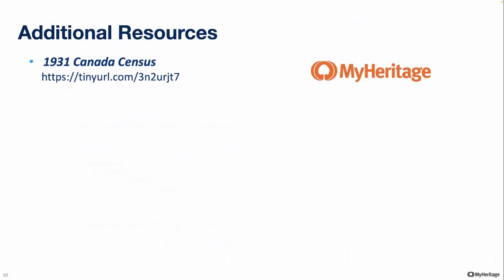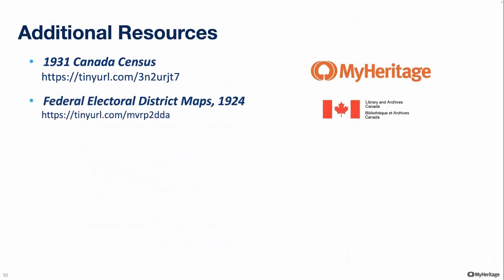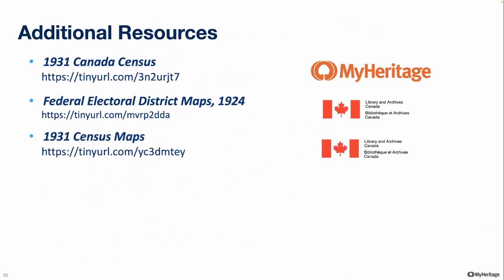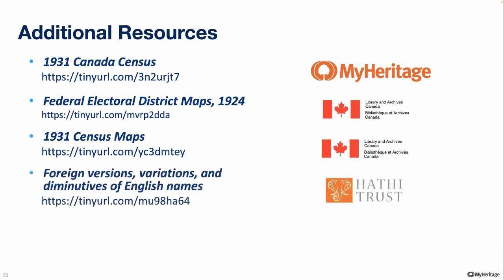Here are the resources that I mentioned along the way. Of course, the Canada Census on MyHeritage, the federal electoral district maps, which I didn't get time to show you, but they're very similar, almost identical to the resource you'll find at Library and Archives Canada. This wonderful little booklet, the foreign versions, variations, and diminutives of English surnames. I've found this tremendously helpful as I've been trying to figure out names, especially of many of my Scandinavian ancestors, as I'm trying to find their records back in Scandinavia.